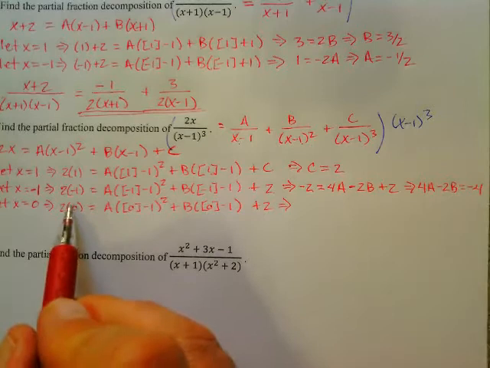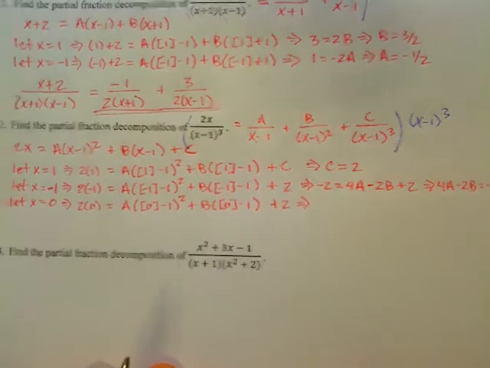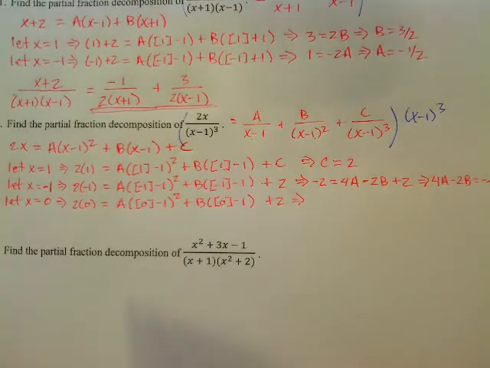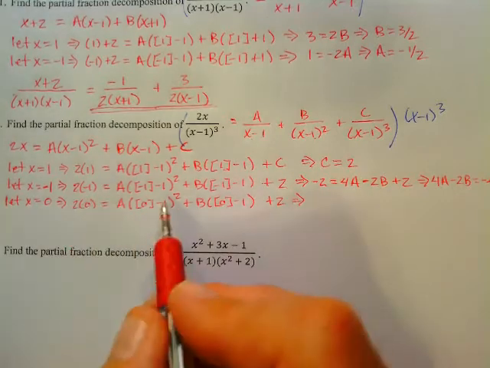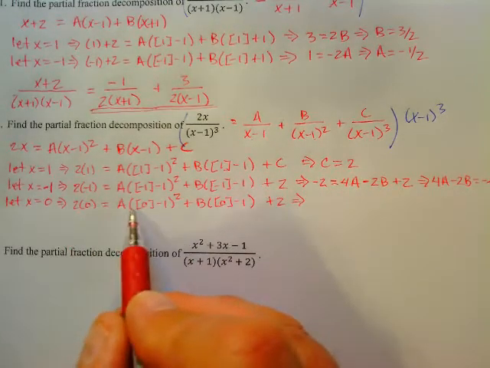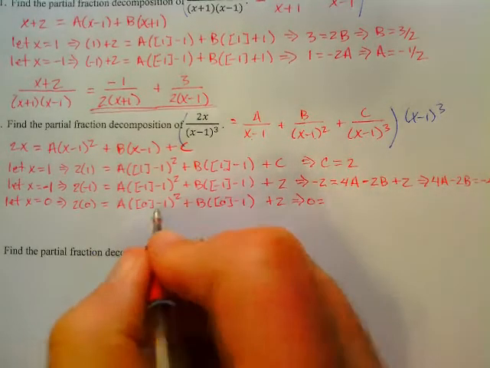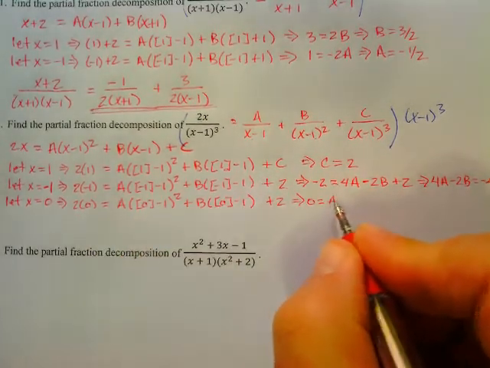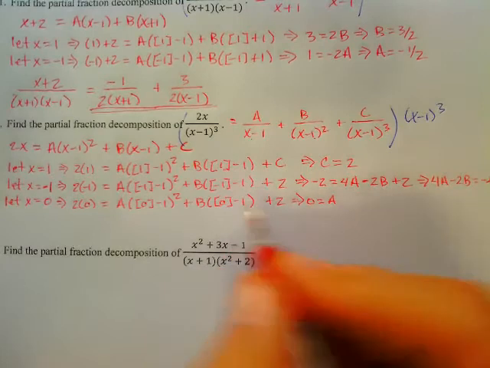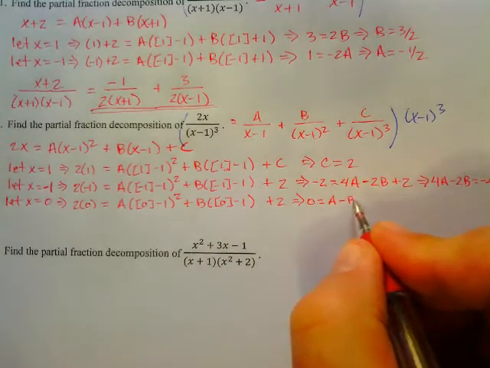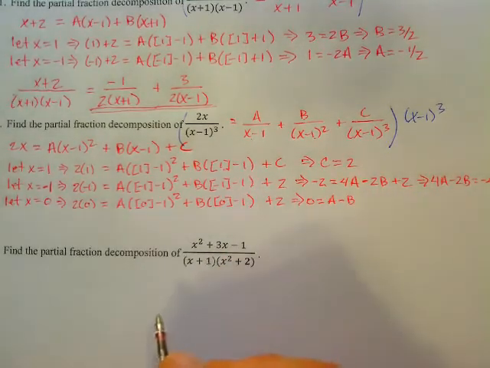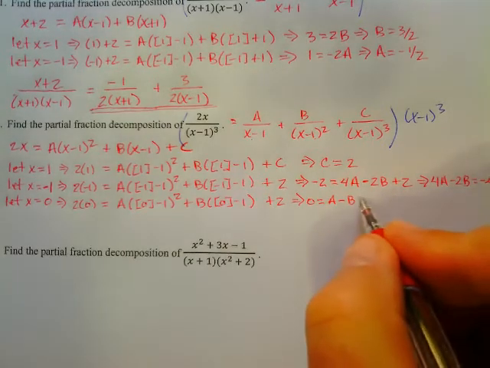Now, in this case, that'll give me 0. This part will be 0. This part will be negative 1 squared, so it'll just be a. So we're going to have 0 equals a. And then this will be minus b. And then we still have our plus 2.